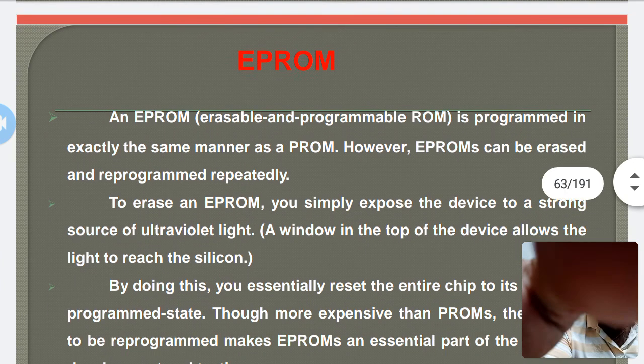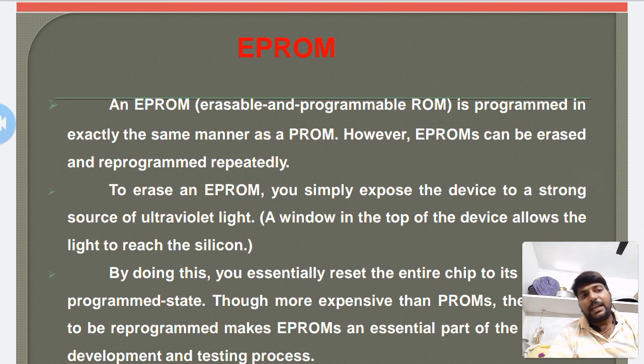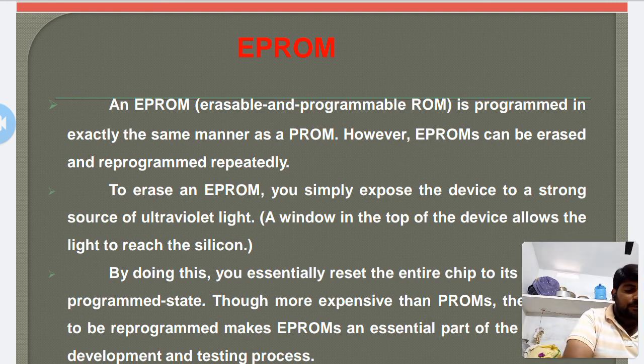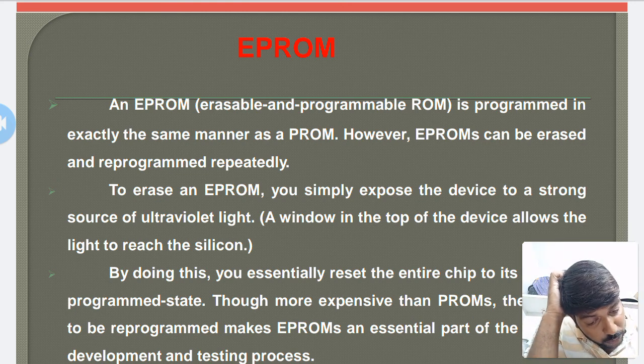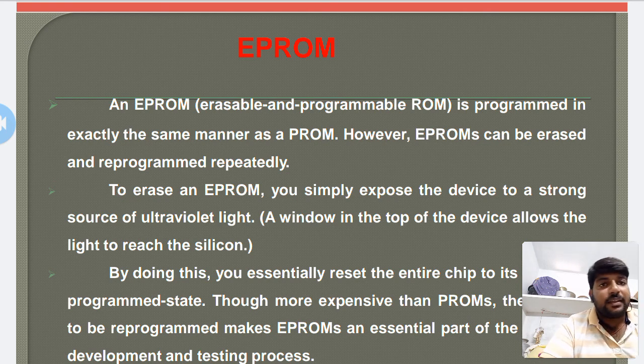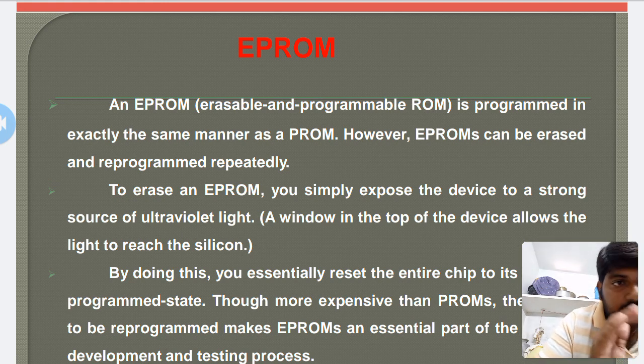Coming to the next one, EPROM, erasable programmable read-only memory. During the development phase, the code is subject to continuous changes, so an OTP is used each time to load the code. Erasable programmable read-only memory means the PROM will be erasable if the user requires.